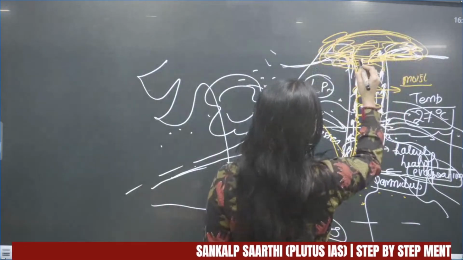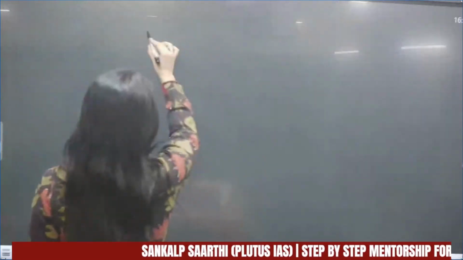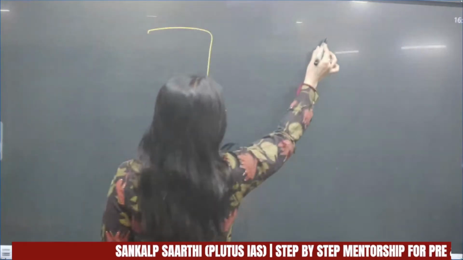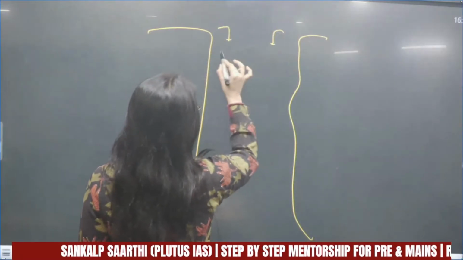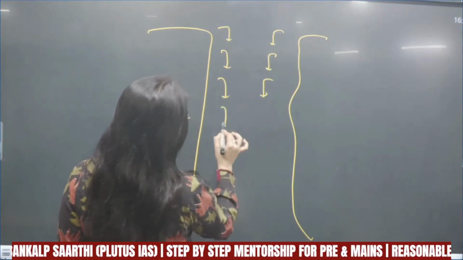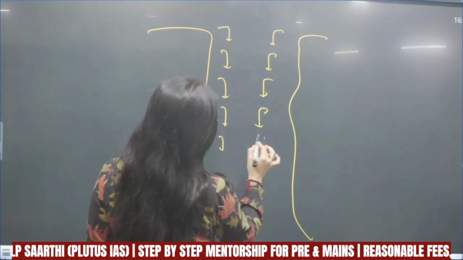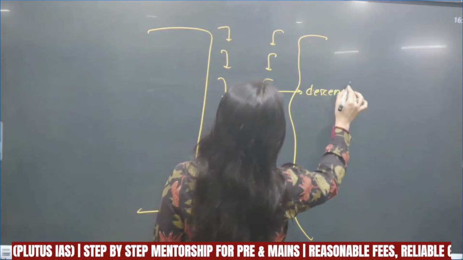But as it cools down, I'm showing it on the other page, as it cools down, a certain part of it will descend, because the tendency of the air is to descend while it cools down. ये तो कुछ part तो descend करेगा, right?